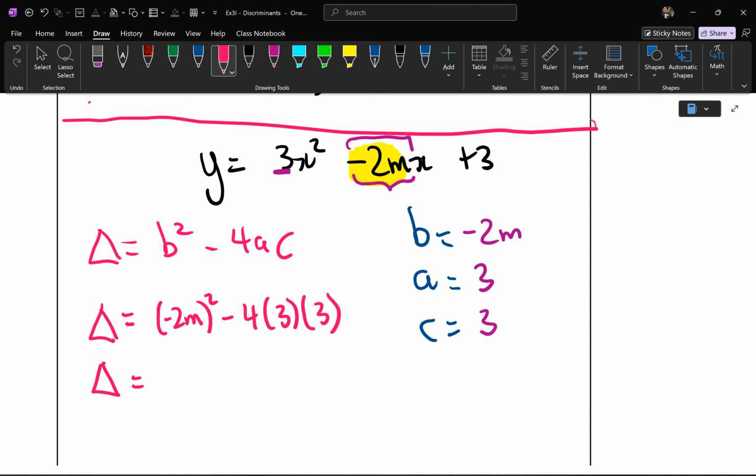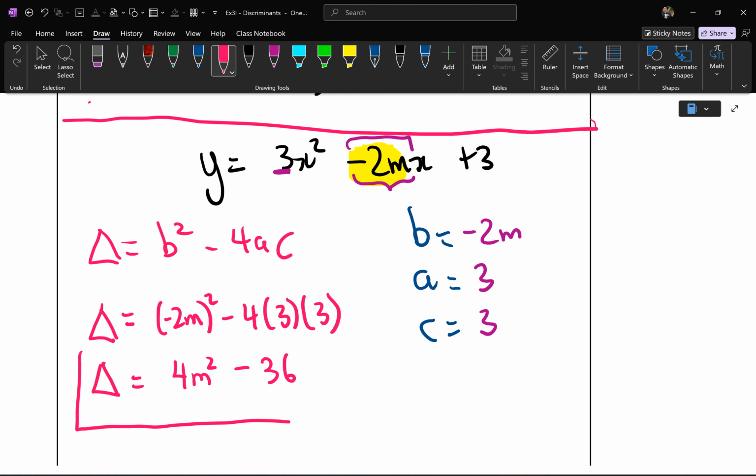This gives me the discriminant formula as 4m squared, because negative 2m times negative 2m becomes positive 4m squared, minus 4 times 3, which is 12, and 12 times 3 is 36.